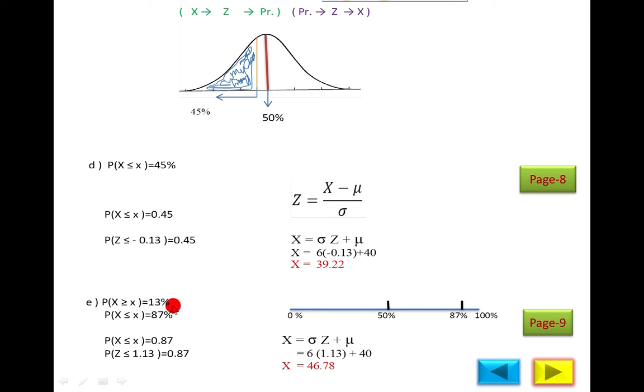If above is 13%, below will be equal to 87% because the total area is 100%. So if the area to the right hand side is 13%, below will be equal to 87%, because in the table the value of the below area is given, above is not given.